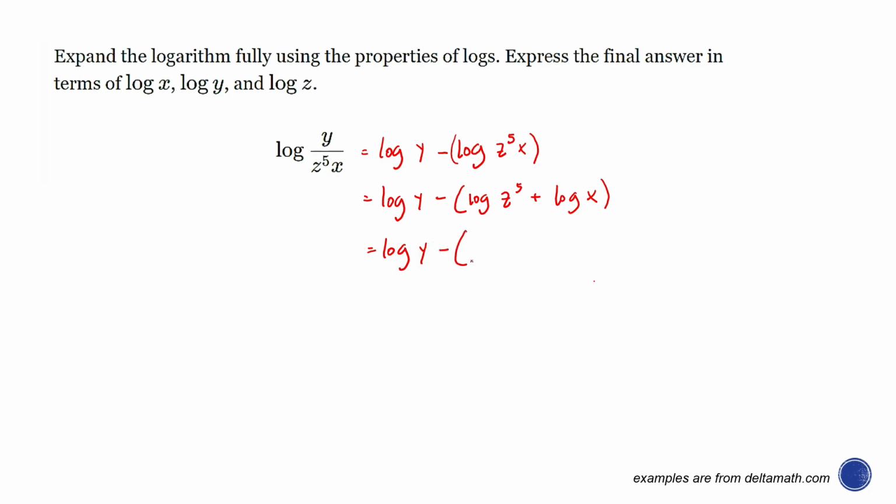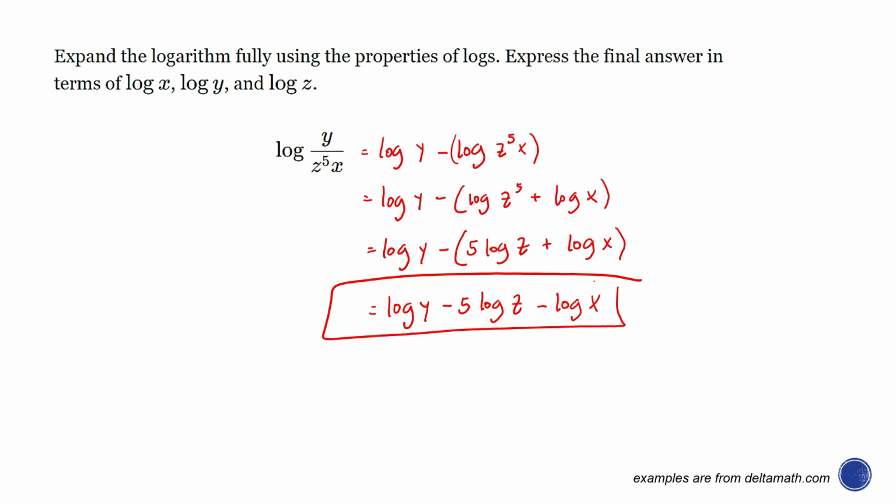So log y minus 5 log z plus log x. Now, of course, we do not want to have a parenthesis, so that means we can distribute that negative to both 5 log z and log x. So our final answer here is log y minus 5 log z minus log x.